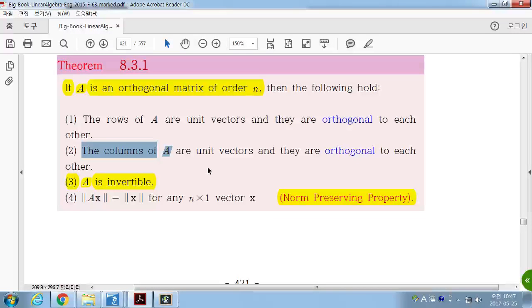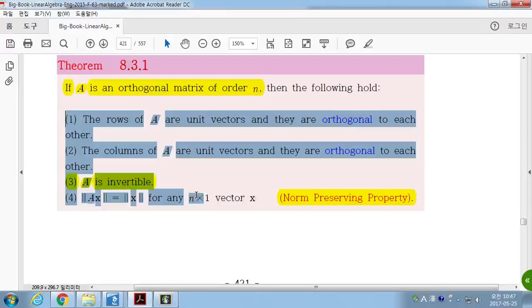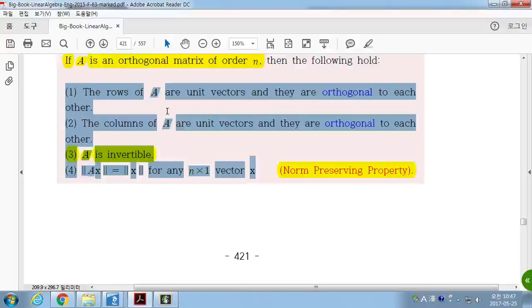Okay? They are orthogonal to each other, and the length, the norm, is 1. And A is invertible, and the norm of AX is the same as the norm of X. If A is an orthogonal matrix, it preserves the norms like this. These are all important properties of the orthogonal matrix.